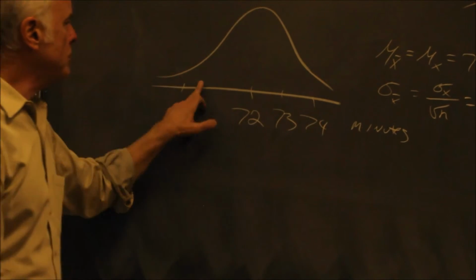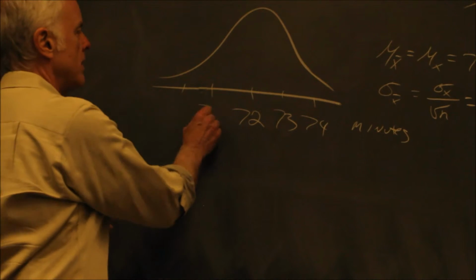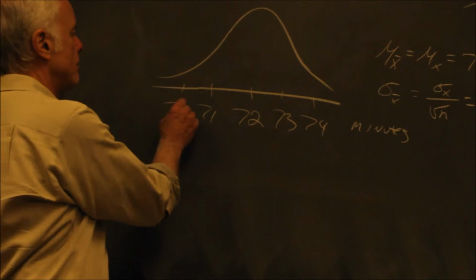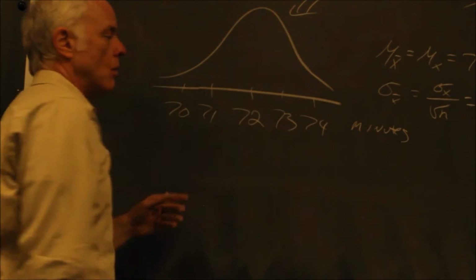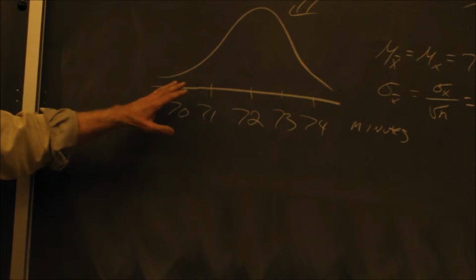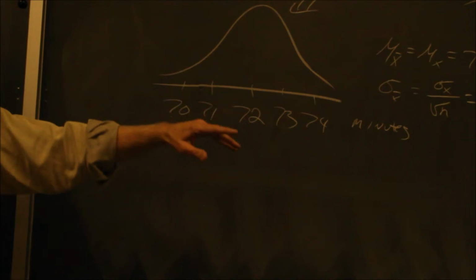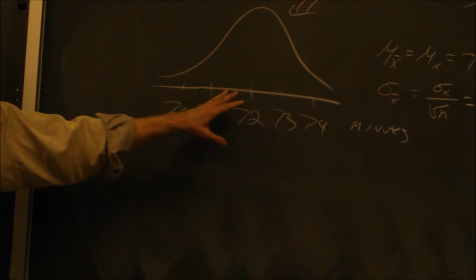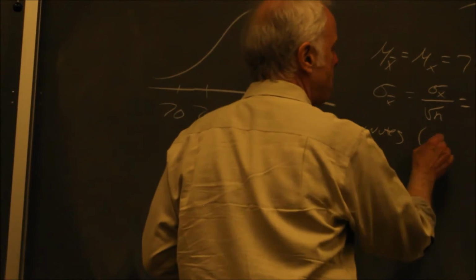If I go 1 standard deviation to the left, 71. If I go 2 standard deviations to the left, 70. And this is the distribution of sample means based on the central limit theorem. And so, how do you find the area under the curve of a normal distribution? You go from this, the X bar scale.